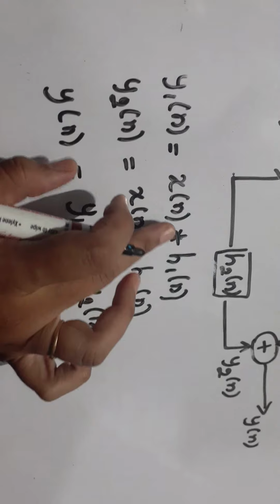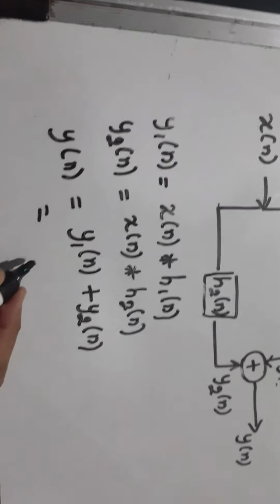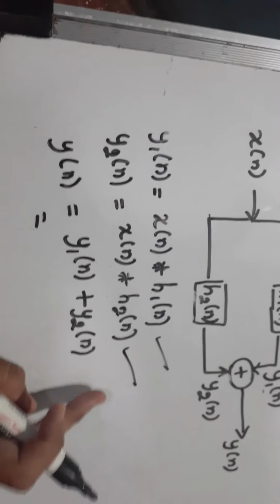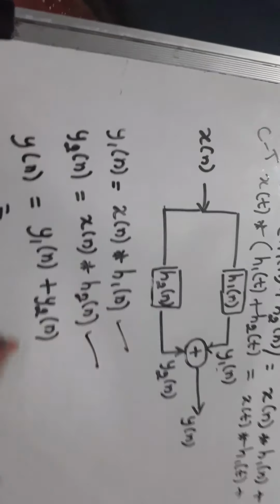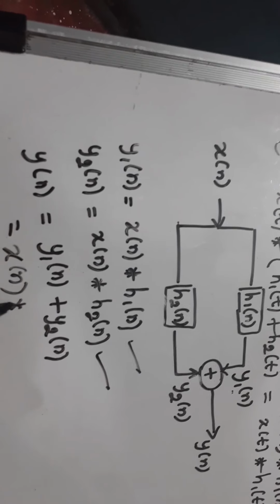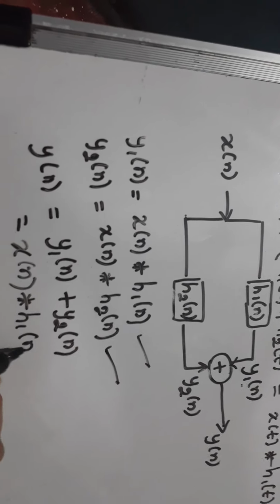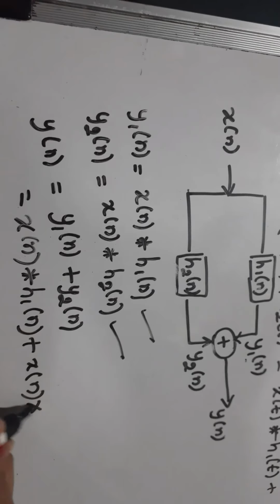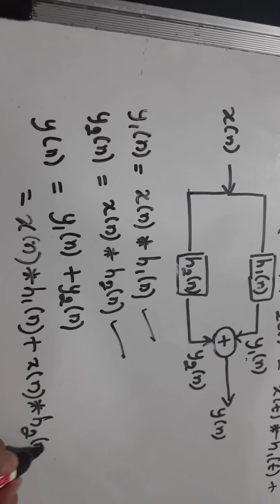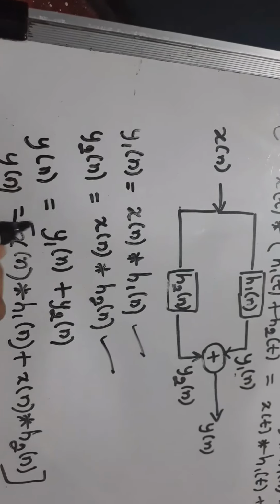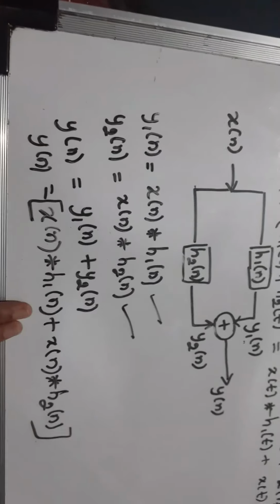Just we will try to substitute both here. What is y1? Just now we have formed these y1 and y2 from the block diagram. Substitute those values: x of n convolved with h1 of n plus x of n convolved with h2 of n. So this is the equation we got from the block diagram.